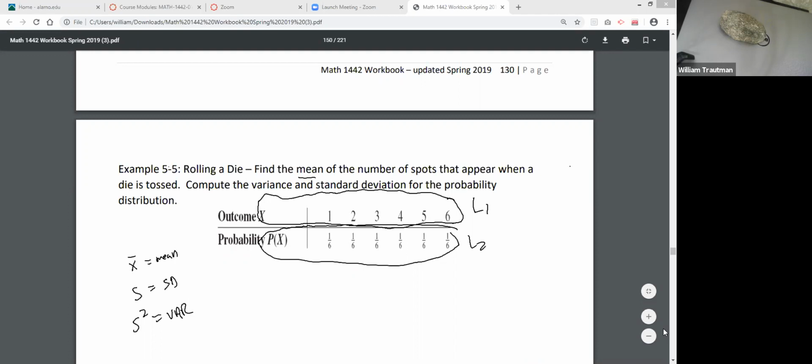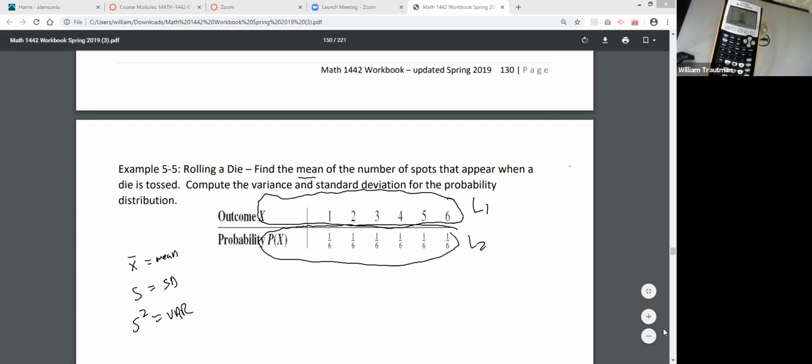Same way with the next ones, 1 divided by 6 for each one. So when you're typing in your data, that's what you should get: the 1, 2, 3, 4, 5, 6, and then 1 divided by 6 for each one of those.